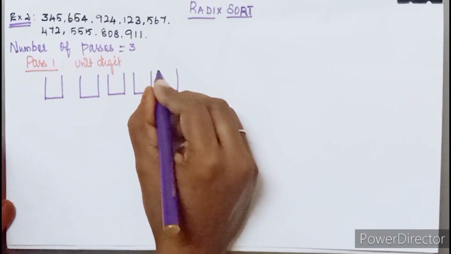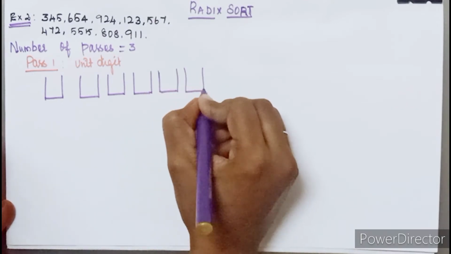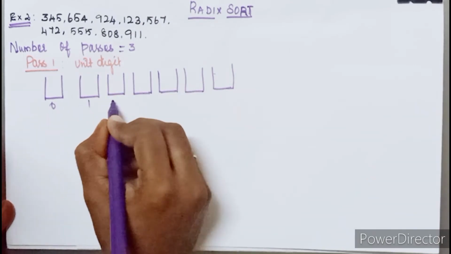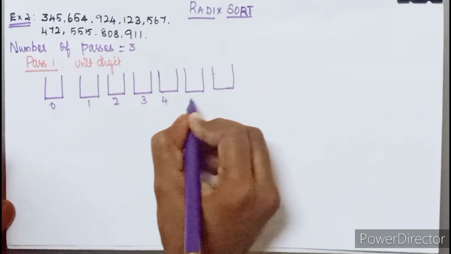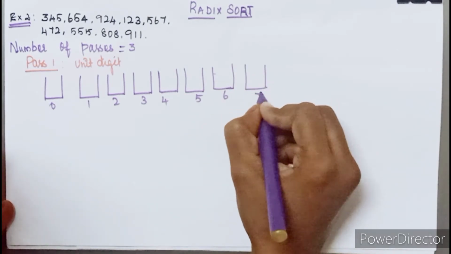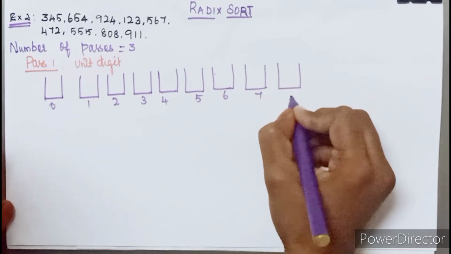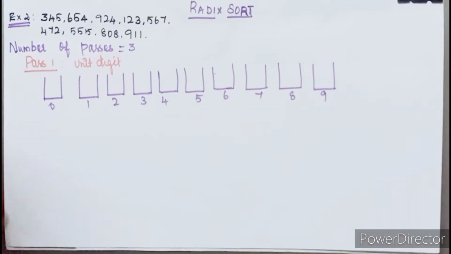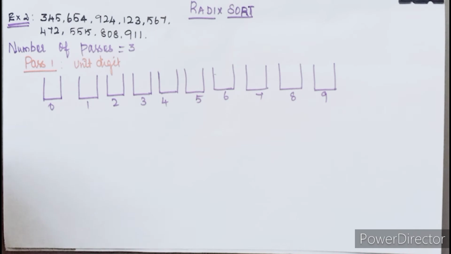Since we are sorting the numbers, we have to take 10 buckets. The bucket count starts from 0 and goes on till 7, 8 and 9. So totally we have 10 buckets now. Right. Let us start with the first number.